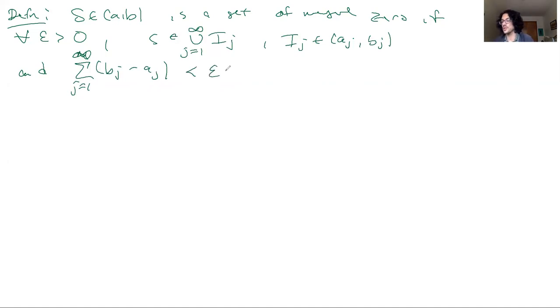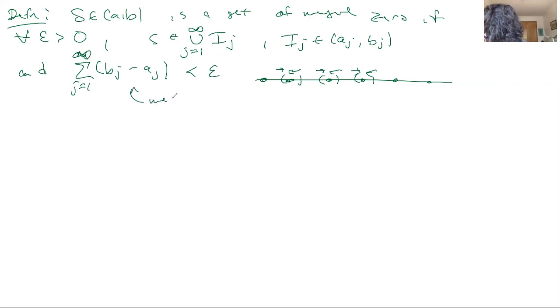You can only do that if this is a bunch of points. You can basically shrink these regions down to nothing over time, and this is your measure of our set.